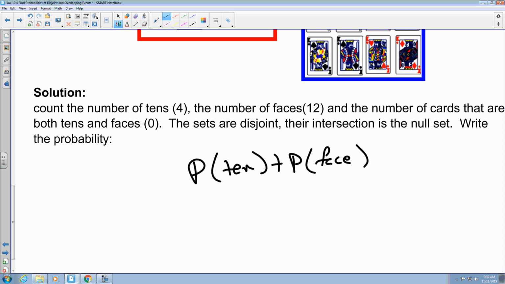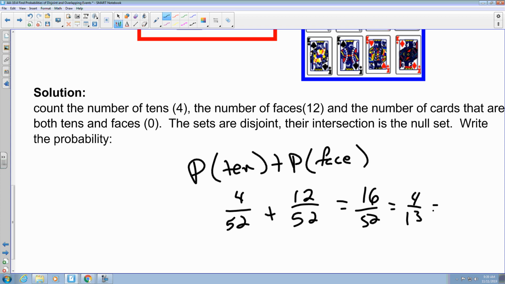There are 4 10s, so it's 4 out of 52, plus there are 12 face cards, so 12 out of 52. Add those together. Again, this is 16 out of 52, which gets reduced to 4 over 13, which is also 30.8%.